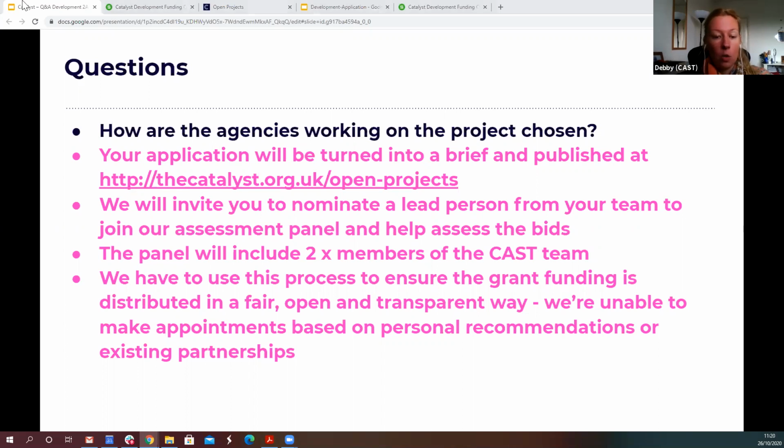So you've approached multiple organizations, got different proposals in, and assessed those in a fair and transparent way before you selected the agency that you're working with. So there is an opportunity, if you've gone through that, to continue to work with that agency.